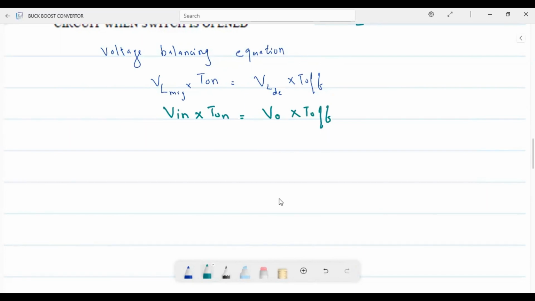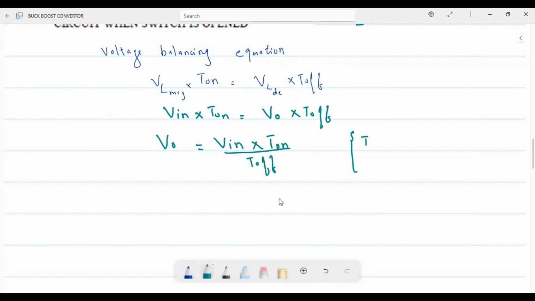So we need to find the equation of V out. V out can be written as, taking this to the denominator, V input into T on by T off.